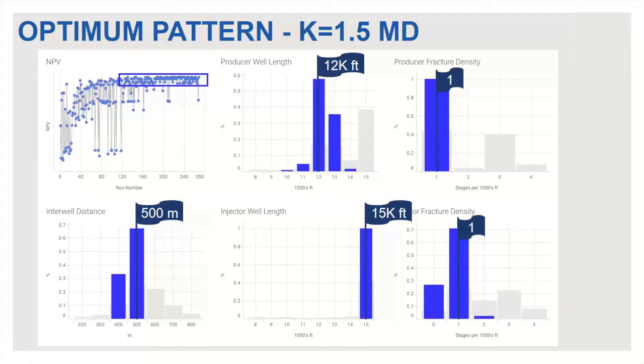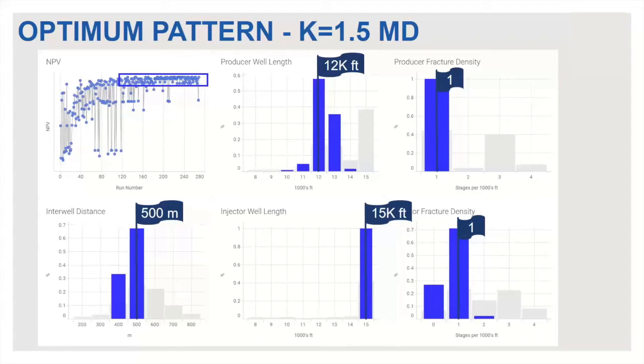Also, in terms of well length, you can see for the producer, which is the top plot, you optimize NPV by going for 12,000 feet horizontal, whereas for the injector, the optimization goes to 15,000 feet.